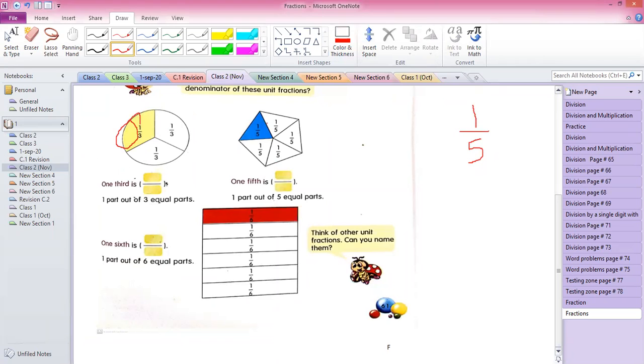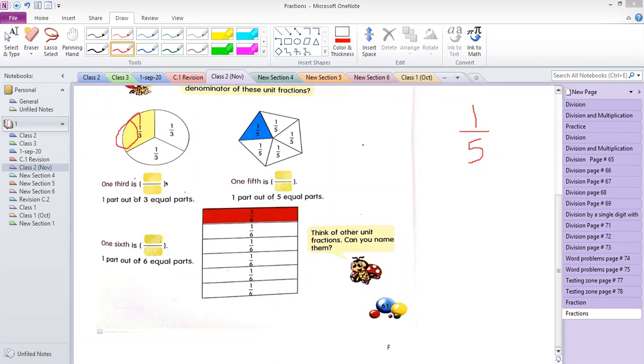Now we will go to the next figure. What we are learning, guys, is how to write a numerator, a denominator, or a whole fraction from a figure.